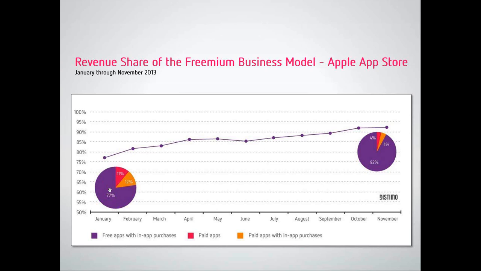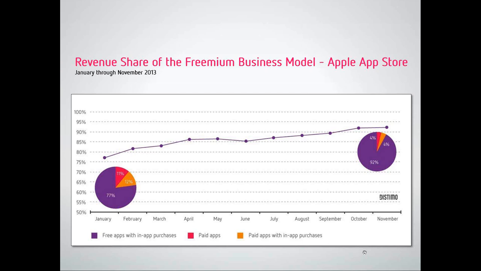So in January, in the Apple App Store, and this is globally aggregated data, so over all the countries that we track, this portion increased from 77% to 92%, so 15 percentage points, and that clearly indicates this trend that free apps with in-app purchases are making the biggest portion in revenue on the Apple App Store.